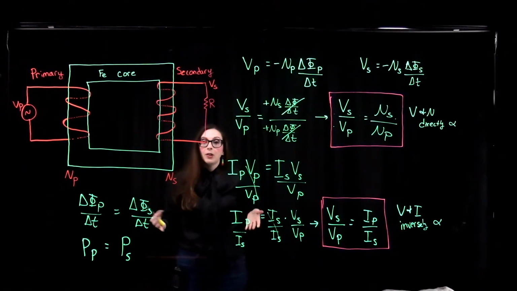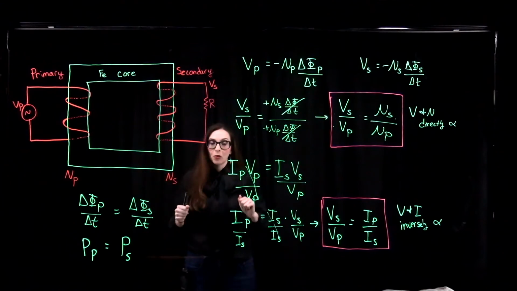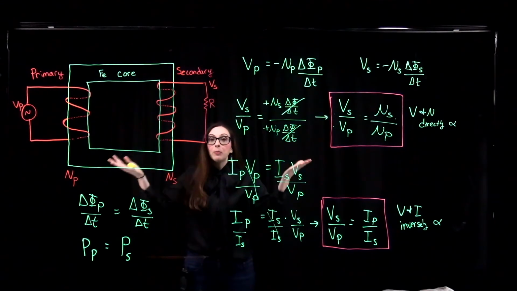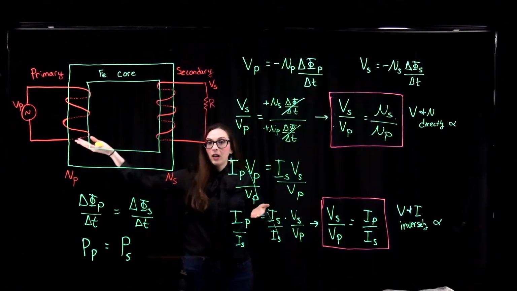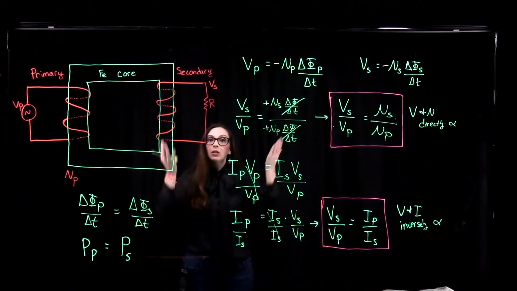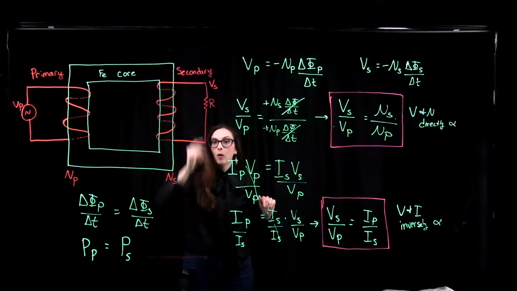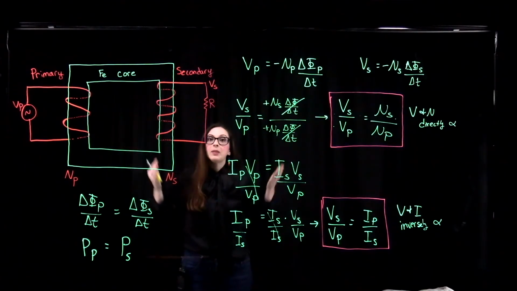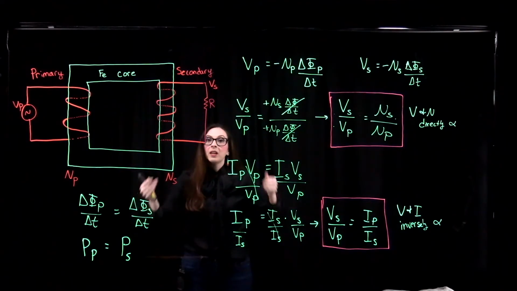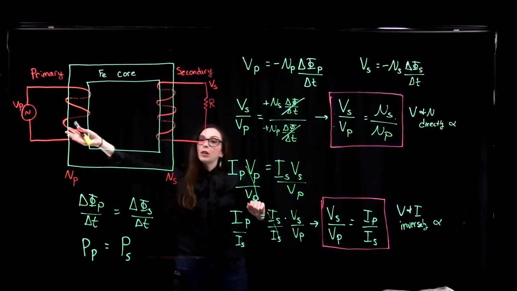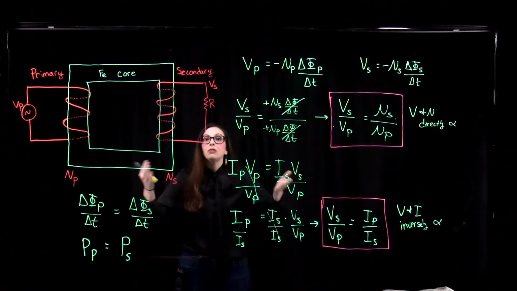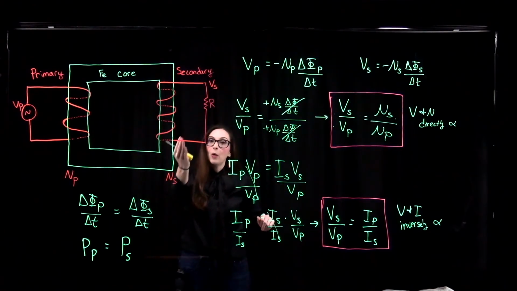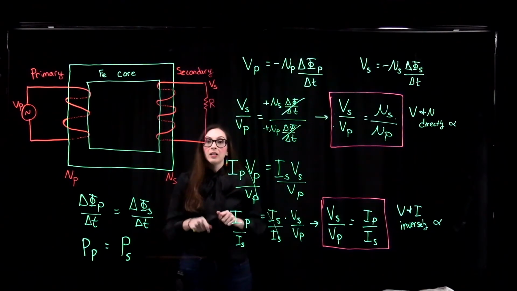One of them is called a step-up transformer. In a step-up transformer, you're taking the primary input voltage and you're increasing it for your secondary output voltage. For a step-down transformer, you're taking the primary input voltage and you're bumping it down so that the voltage is less for your output secondary coil.